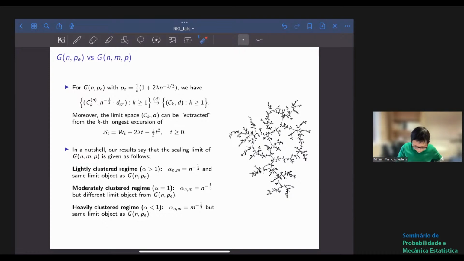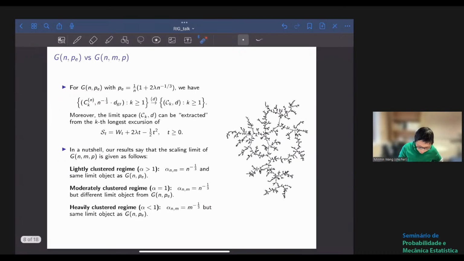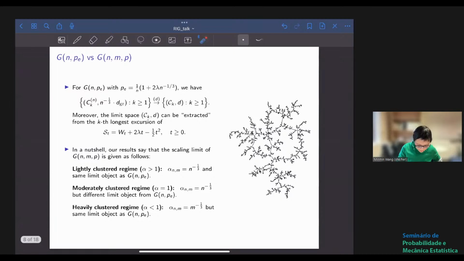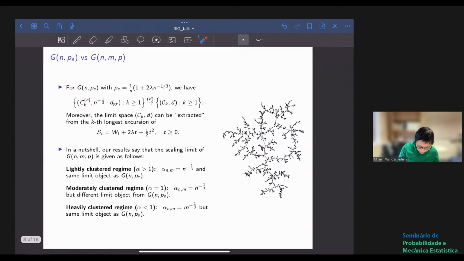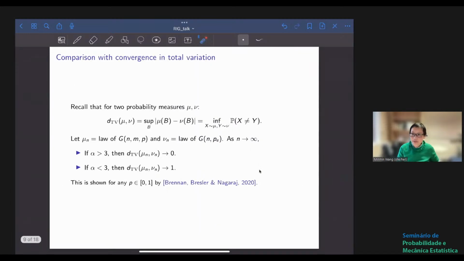Right, so I'm going to come back with a bit more precise statement on this scaling limit. But just to have some perspective, for comparison, let's look at convergence, but now in a much stronger topology.